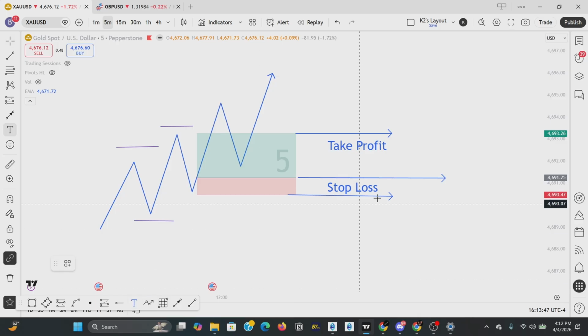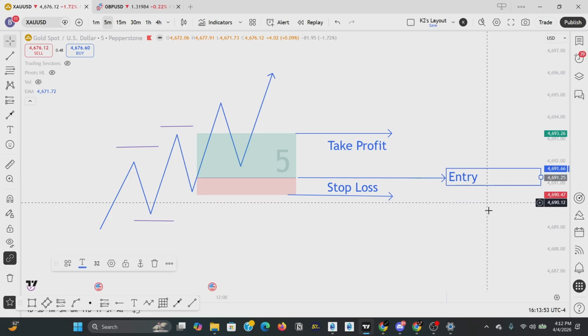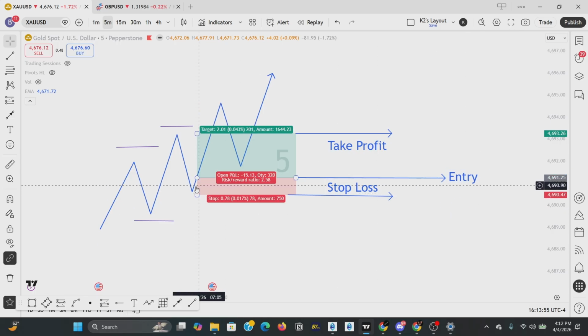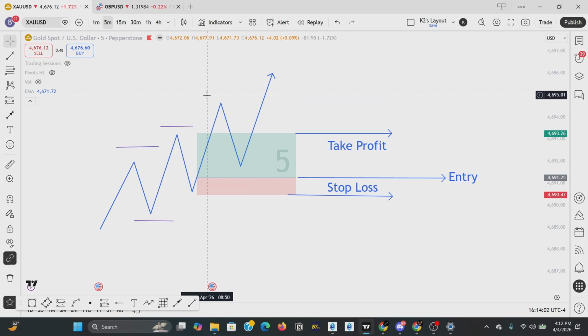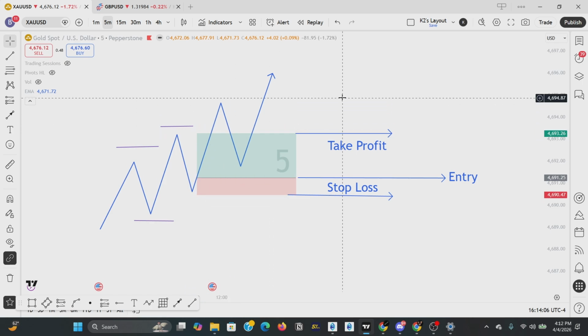The middle between those two boxes is your entry, right? So when price gets to right here, this is when I buy. Boom, I bought, okay? If price makes it all the way up here and price passes this green box, then I won the trade and I made my money, right?